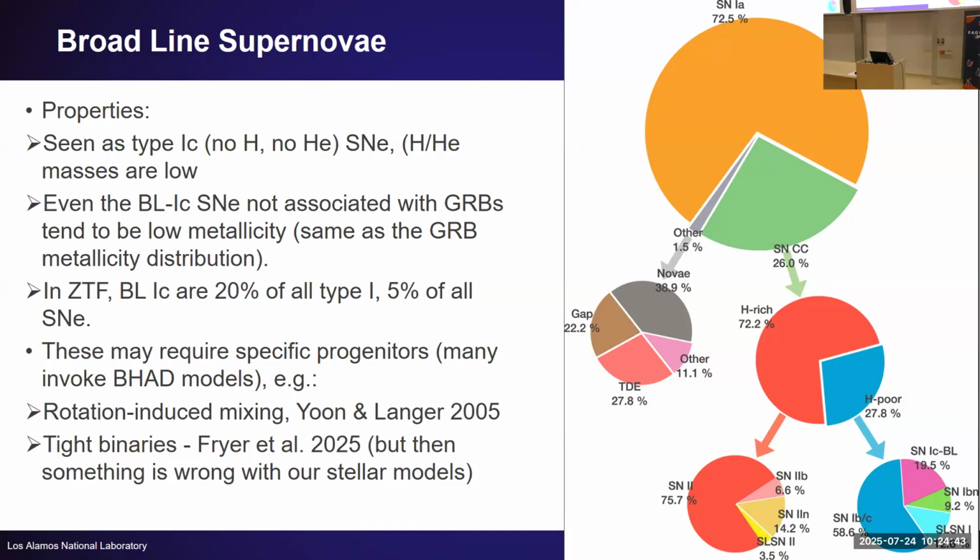Probably the other half that aren't associated with the GRB are also jet-driven. So that's the kind of hint that I'm seeing, it looks like 20% of the hydrogen-poor supernova are jet-driven.